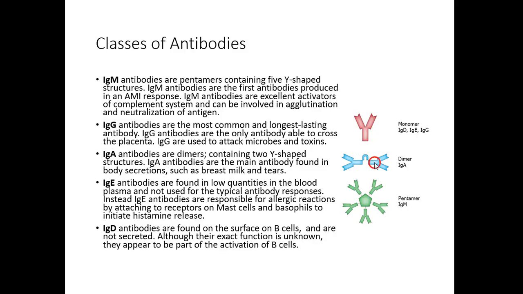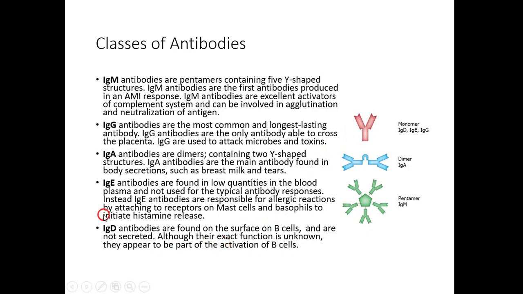IgE is another of our monomers, meaning it's just got one Y-shaped antibody. It's found in the blood but not in a large quantity, and part of that is because IgEs can bind to mast cells or basophils and cause those cells to release histamine, and as you know, histamine can cause a major allergic response.